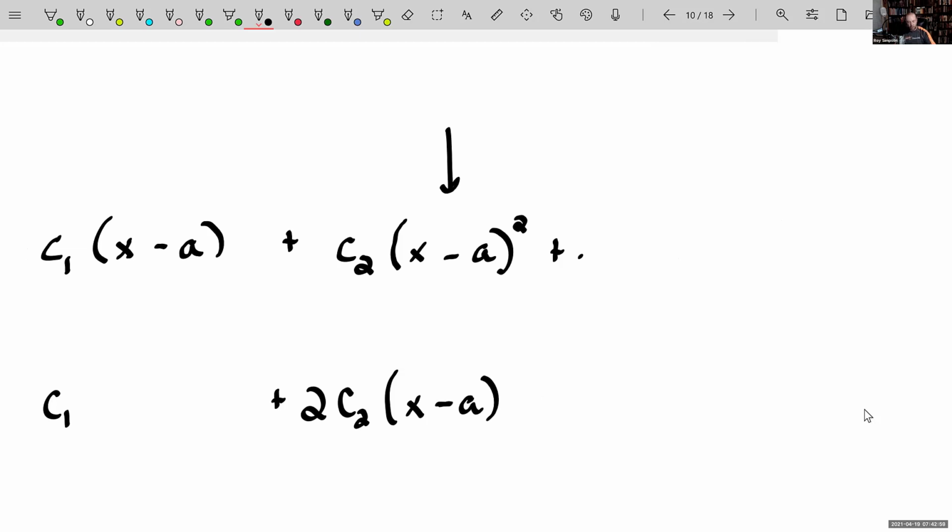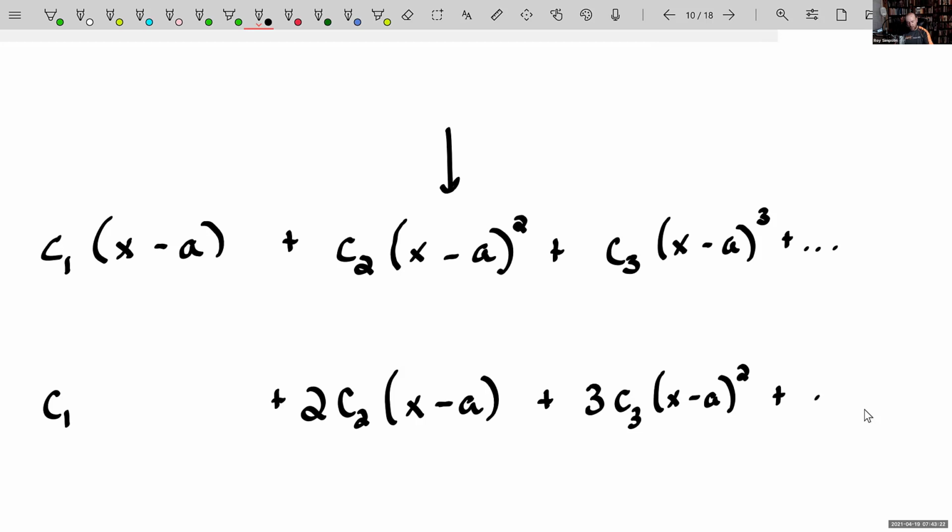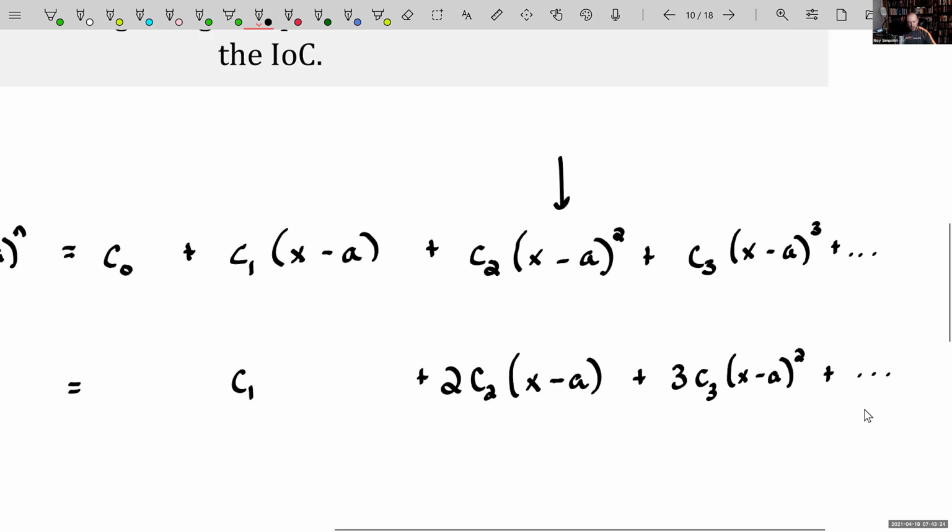Let me go ahead and throw one more in there. That's supposed to be a cubed, but it got kind of wacky. The derivative of that next term is going to be 3c sub 3 (x minus a) squared, and so on and so forth down the line.